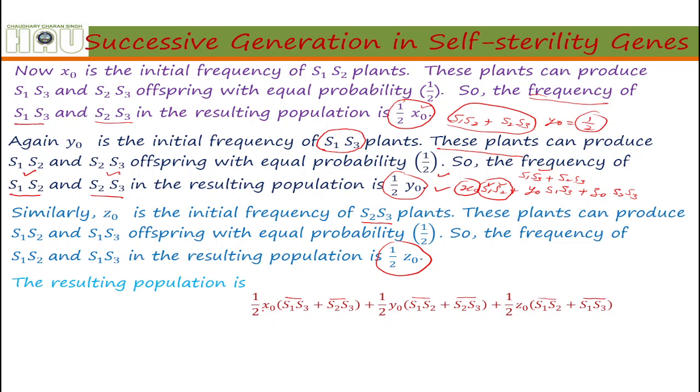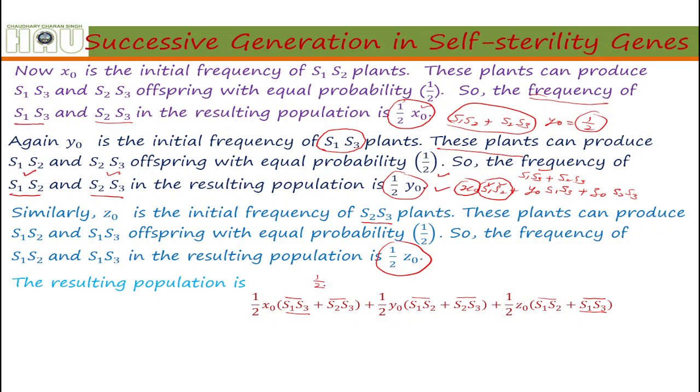Now I just rearrange it. If you rearrange it, you will see S1 S3 occurs twice, so they can be clubbed together.